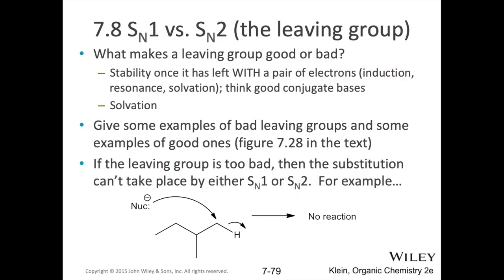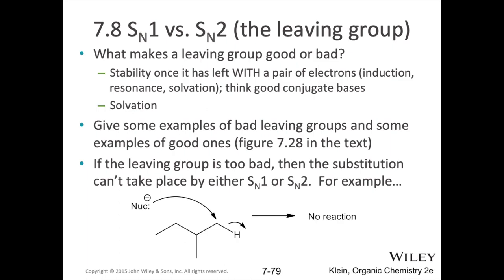Now you need a leaving group for a substitution reaction, right? Your nucleophile has to come in and substitute something, so you need a leaving group. While it might be tempting to say leaving group ability is really important for SN1, it affects both mechanisms. You can't have an SN2 if your leaving group doesn't leave.